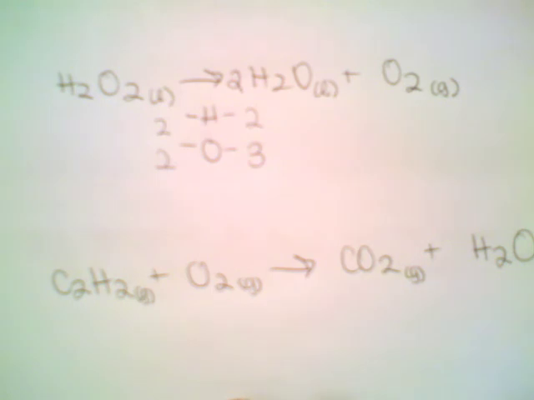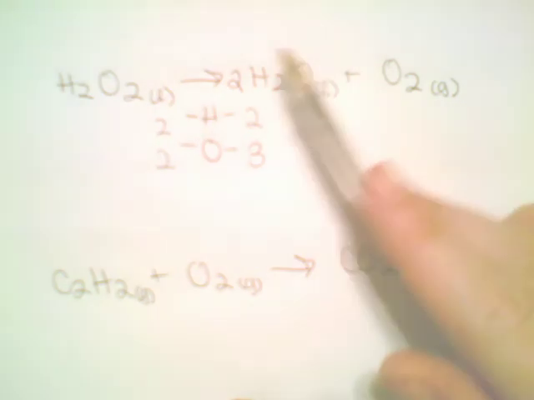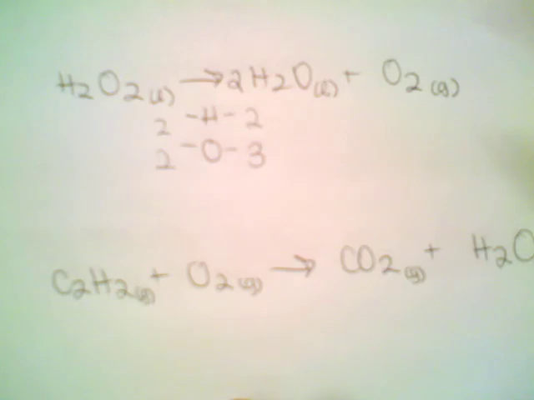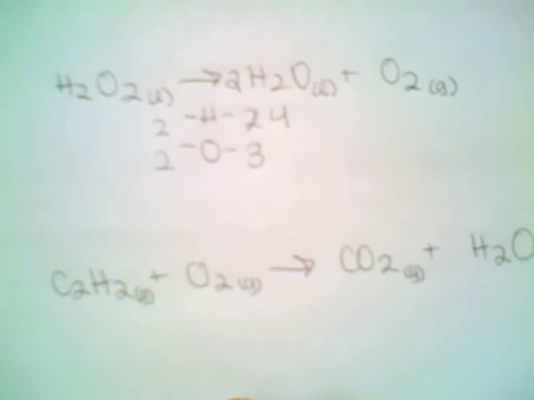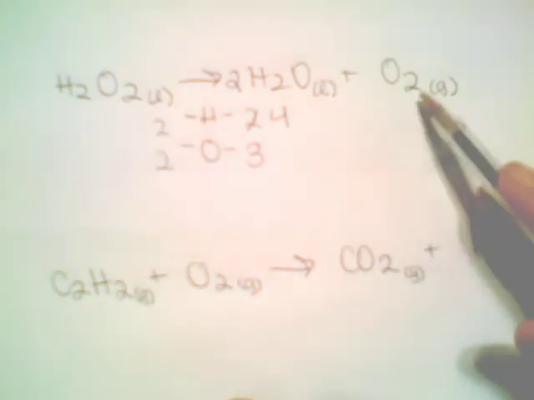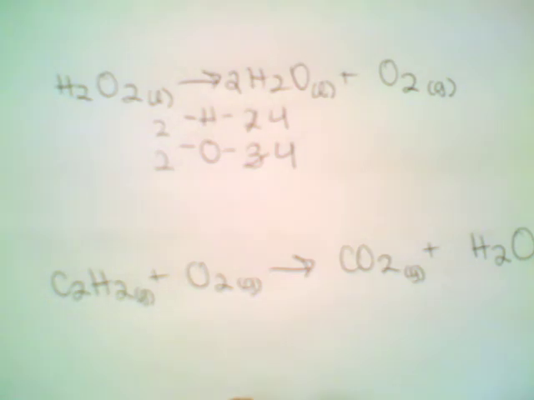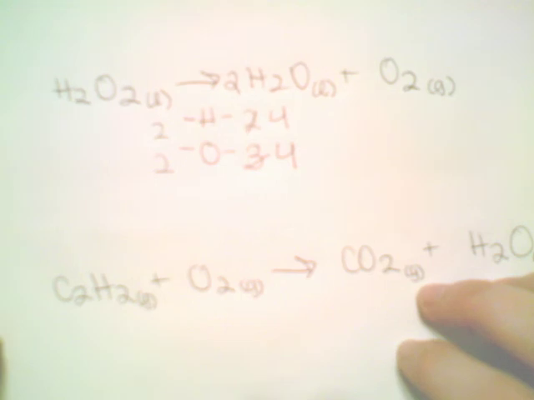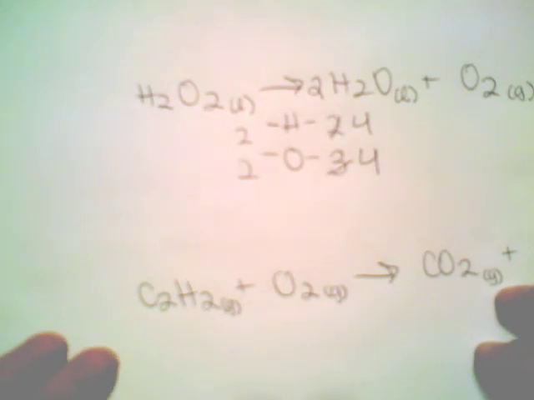So I'm saying now 2 water molecules are going to come out of the reaction. So I have 4 hydrogen, and I have 2 times 1 is 2, plus 2 is 4. All right, so now we're going to go back to the other side of the reaction.